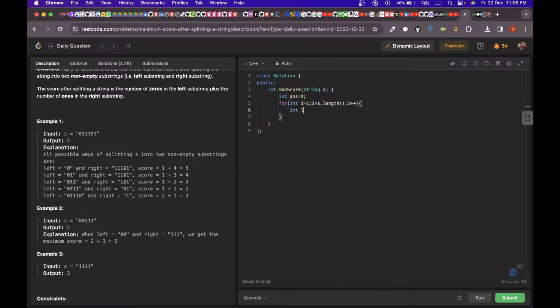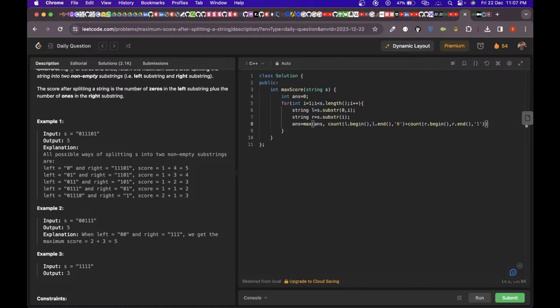Then we split our left substring as string 0 to i, and our right substring from i till the end, and we store the maximum in our answer, adding the zeros count plus the ones count. And we can simply return our answer at the end.